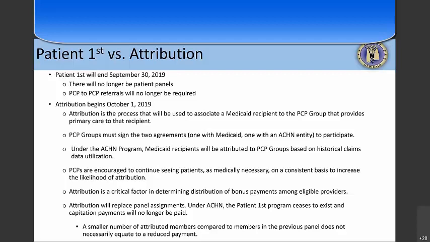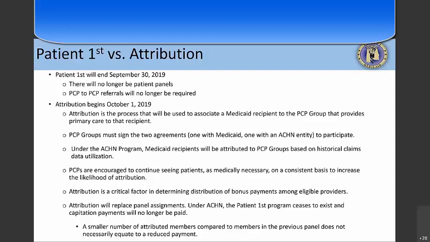All right. Patient First versus attribution. We wanted to go through the examples and talk about the difference between Patient First panels versus attribution. First of all, I hope everyone's aware that Patient First will be ending September 30th. There will no longer be patient panels, and PCP referrals to PCPs will no longer be required.